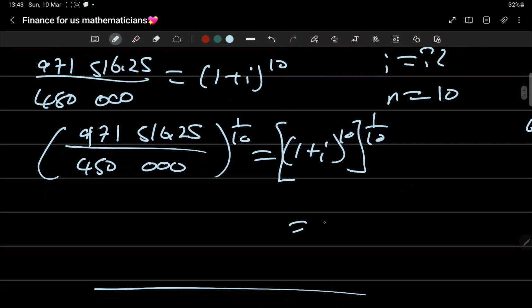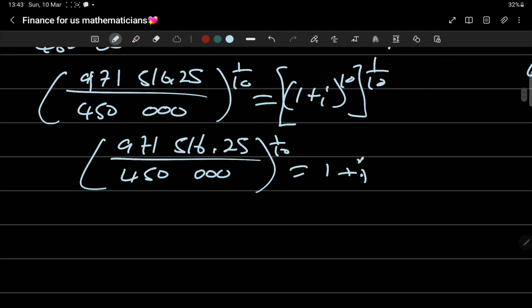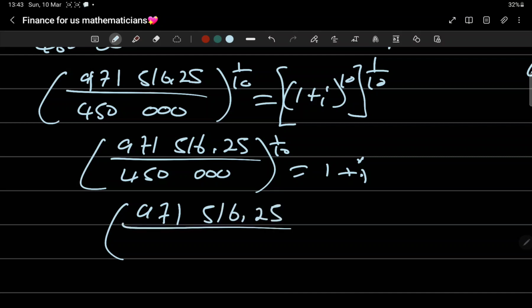This side will cancel and will remain with 1 plus I. Don't press your calculator yet. I know it looks scary. Then you just subtract 1 from this. If we get a number less than 1, we multiply by 100. If we get a number equal to or greater than 1, we check it another way.